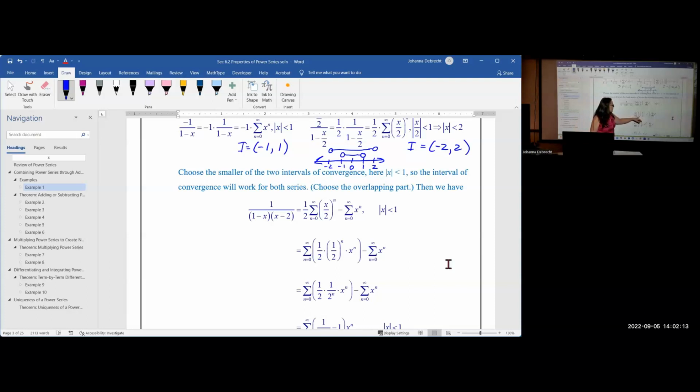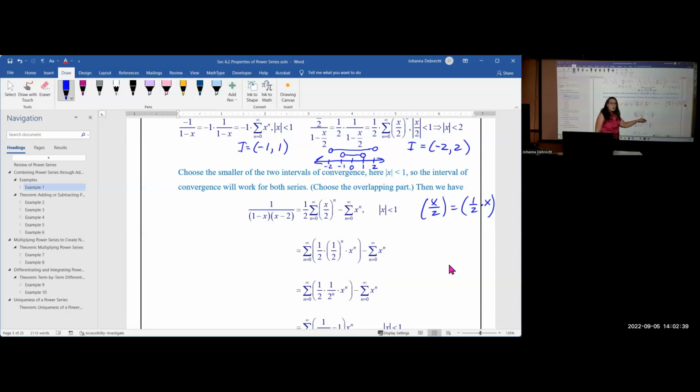So this gives me 1/2 times (1/2)^n. Notice I split apart the x and the 1/2. So you can think of this x over 2 as 1/2 times x. And I split them apart and raised them both to the nth power because they're both in parentheses with the nth power outside.